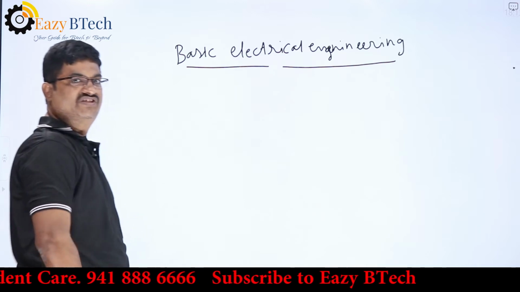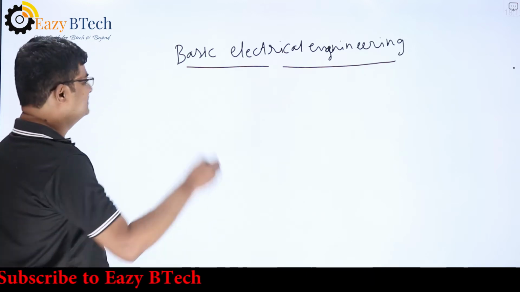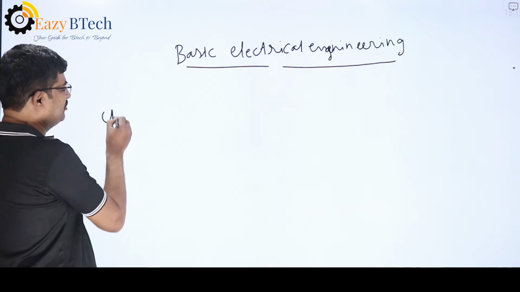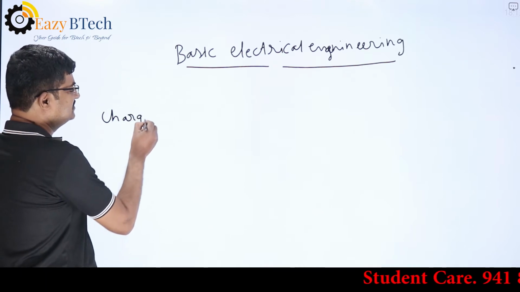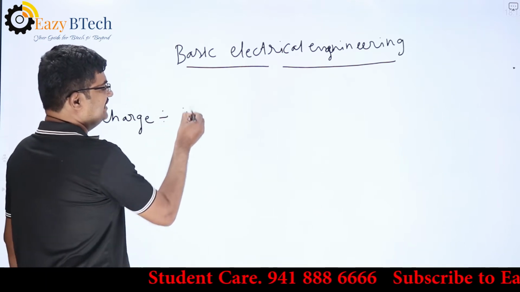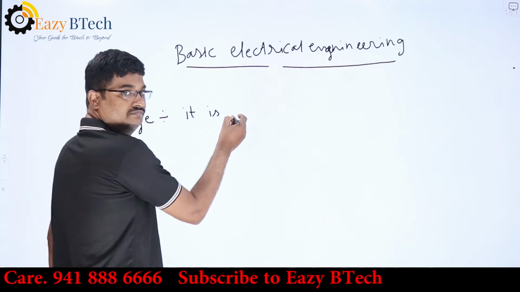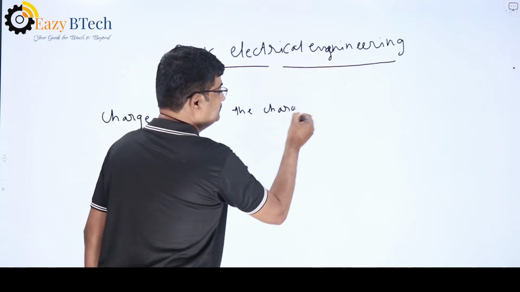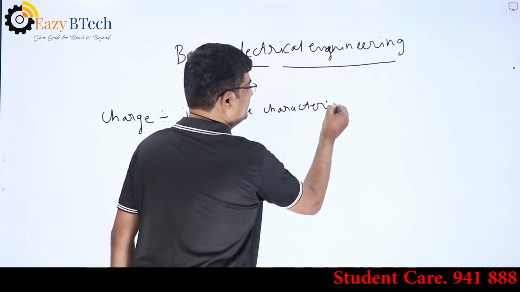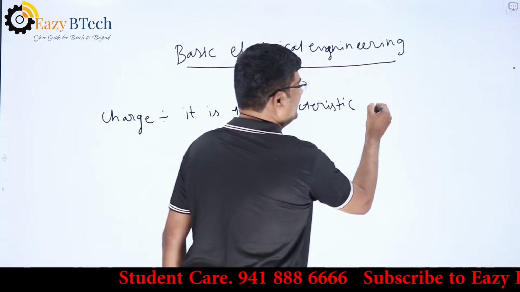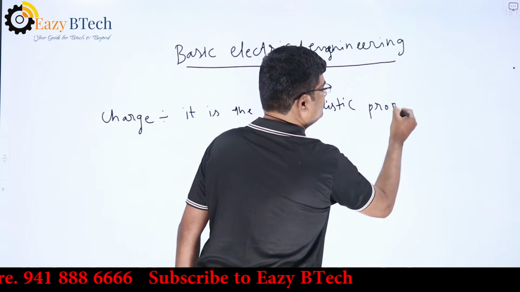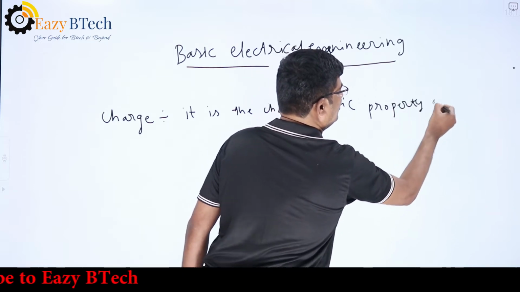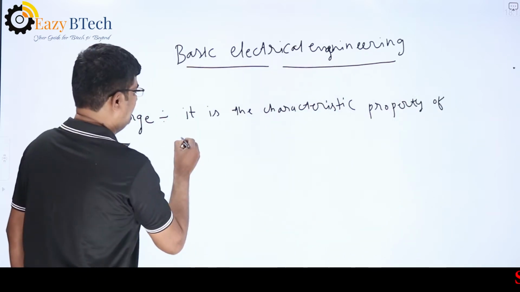So some of the definitions we'll be discussing in basic electrical engineering: first, we'll discuss charge. Charge is the characteristic property of matter.